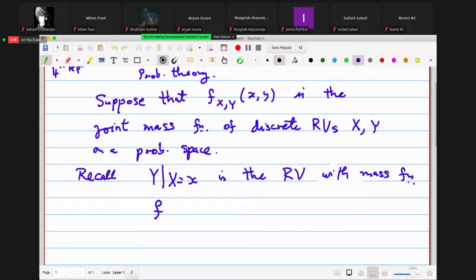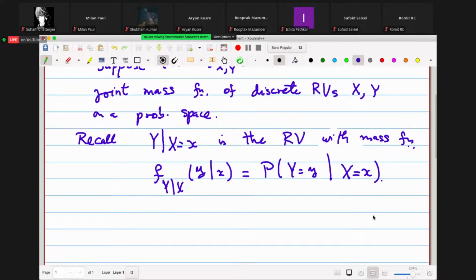So if we write f_{Y|X}(y|x), this is how we write it. So this is just the probability of capital Y equals small y, given that X equals x. The thing is, this x is fixed, but y is a variable here, okay?